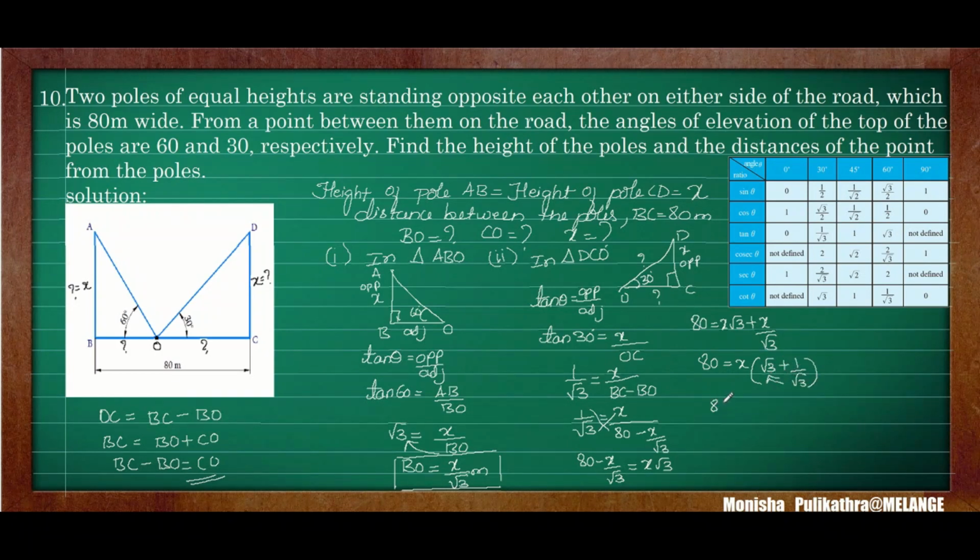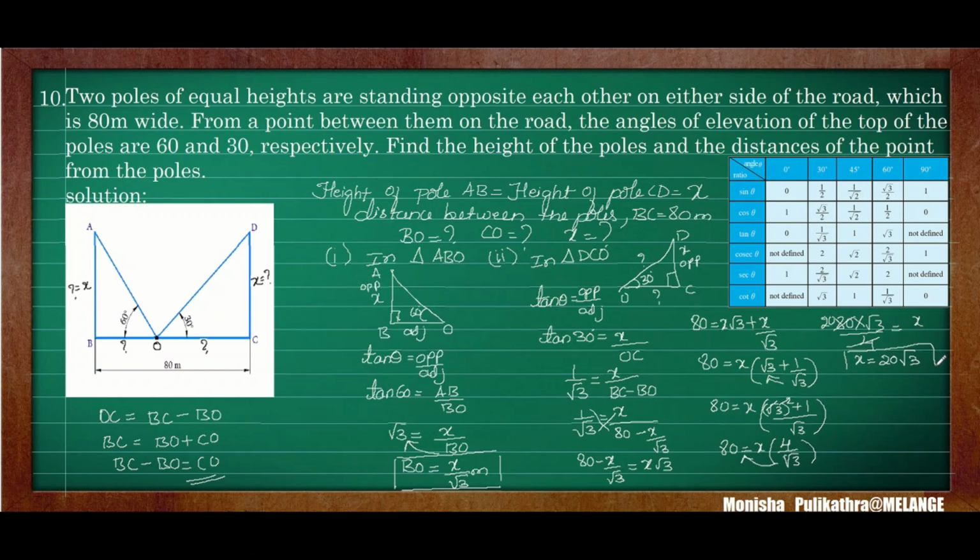So by LCM we will get x into root 3 into root 3, that is 3, plus 1 divided by root 3. So 80 is equal to x into 3 plus 1 is 4 divided by root 3. So next by cross multiplying we will get 80 into root 3 divided by 4. So 4 ones are 4, 4 20s are 80. So x is equal to 20 root 3.